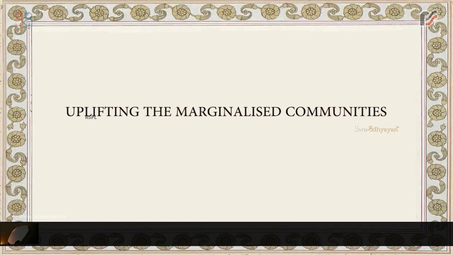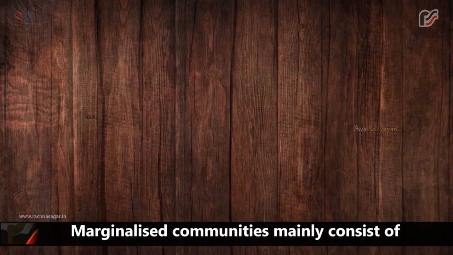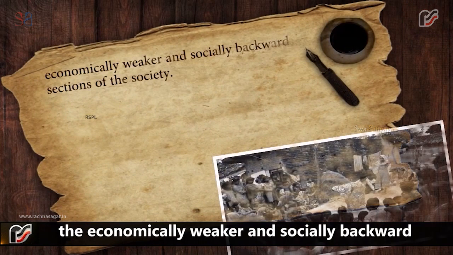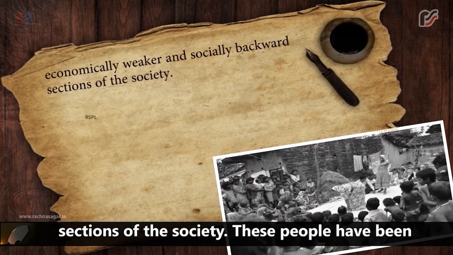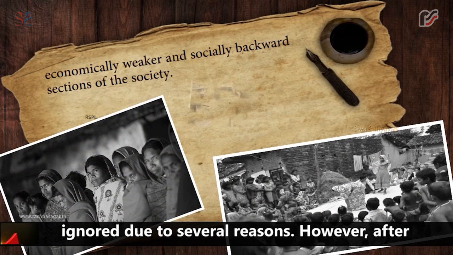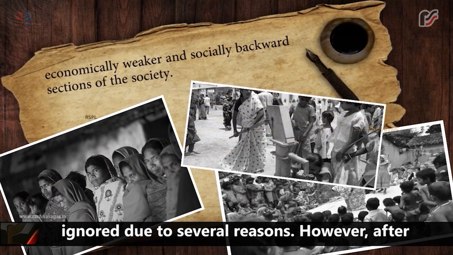Uplifting the marginalized communities. Realize their rights. Marginalized communities mainly consist of the economically weaker and socially backward sections of the society. These people have been ignored due to several reasons.